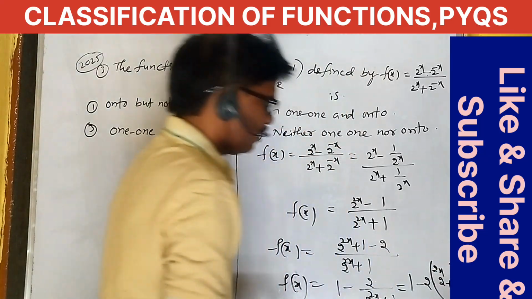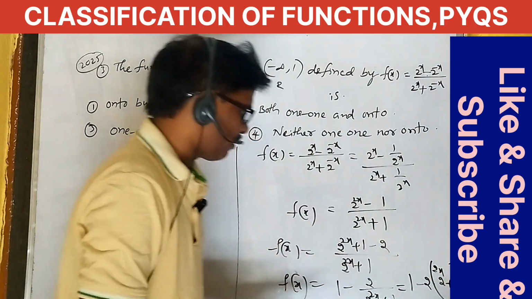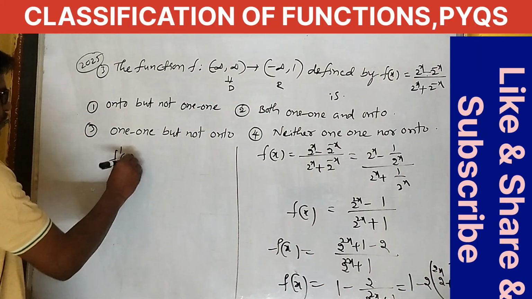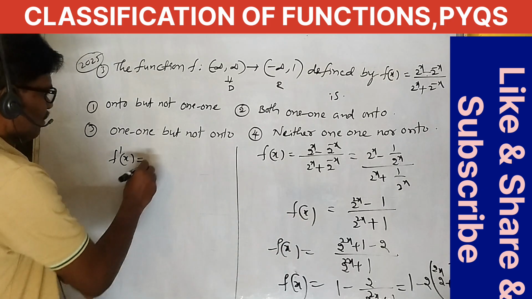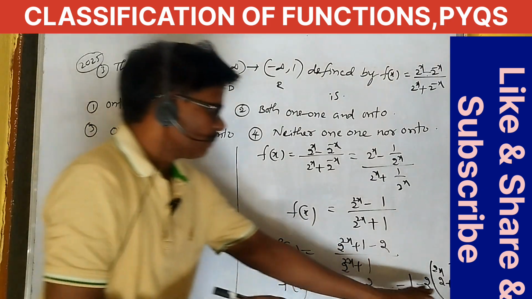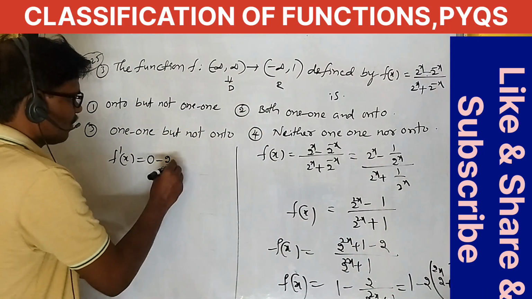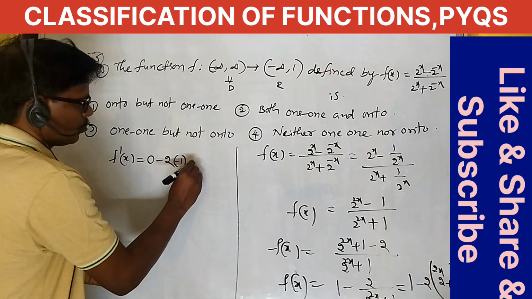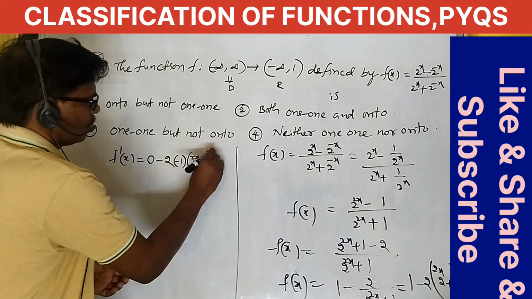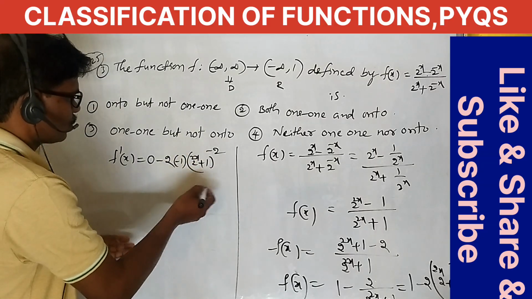What is the differentiation? f dash of x is equal to the derivative of 1, which is 0, minus 2 times the derivative of the second term. Using the x power n formula, n into x power n minus 1, with n equal to minus 1, we get minus 1 into (2 power 2x plus 1) whole power minus 2.